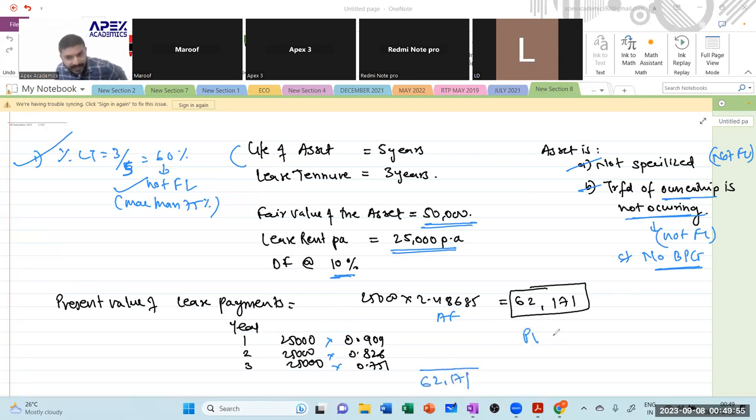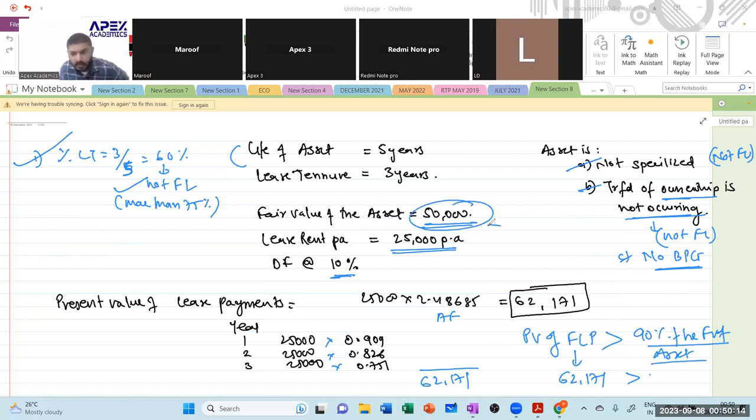Here, the present value of future lease payment is greater than 90% of the fair value of the asset. Yes or no? Yes. The present value is 62,171. The fair value of the asset is 50,000, and 90% of this is 45,000.